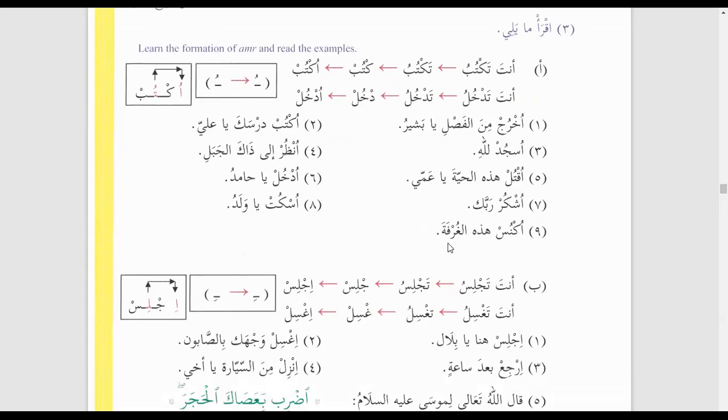Uknus hadhihi al-ghurfata, sweep this room. So it was kanasa yaknusu, and from yaknusu, taknusu is for the mukhatab. And when we make fi'l al-amr, it will be uknus hadhihi al-ghurfata. What is the meaning of uknus, sir? To sweep, jhadu dena. Kanasa yaknusu.